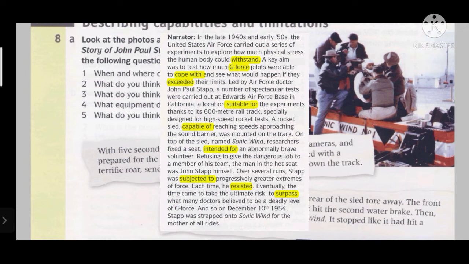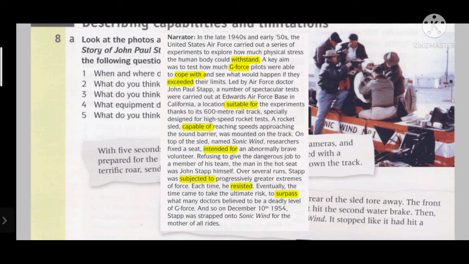Led by Air Force Doctor John Paul Stapp, a number of spectacular tests were carried out at Edwards Air Force Base in California, a location suitable for the experiments thanks to its 600-meter rail track, especially designed for high-speed rocket tests. A rocket sled, capable of reaching speeds approaching the sound barrier, was mounted on the track.